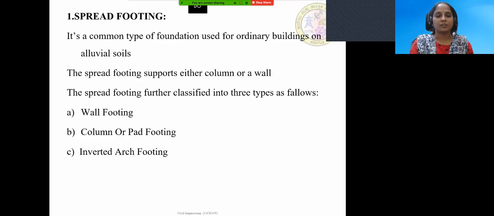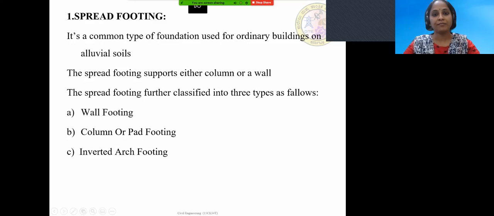In shallow footing, the first division is spread footing. What is spread footing? It is a common type of foundation used for an ordinary building or alluvial soil. Its main purpose is to distribute the load to the ground level uniformly. In the spread footing, we can use columns or a wall as a footing.